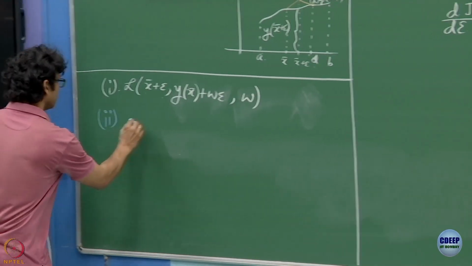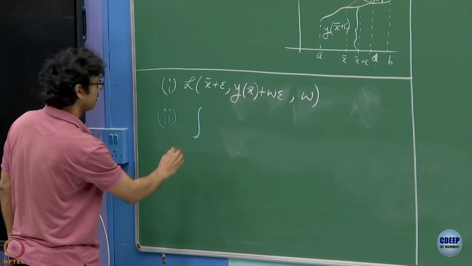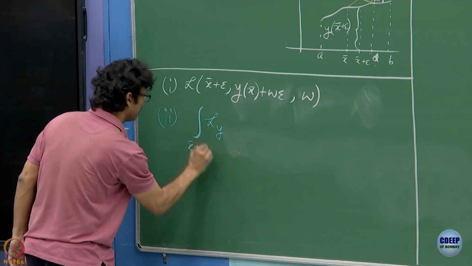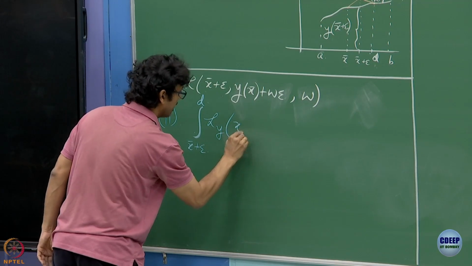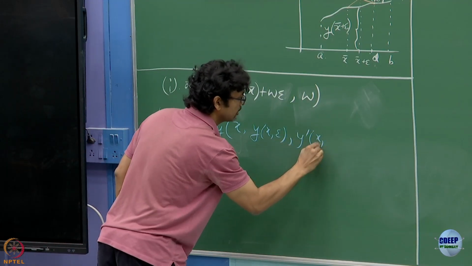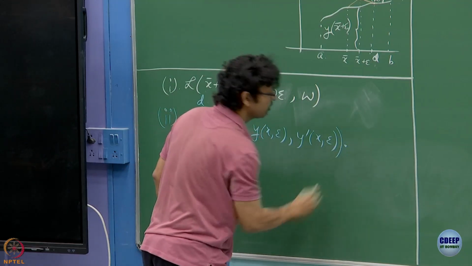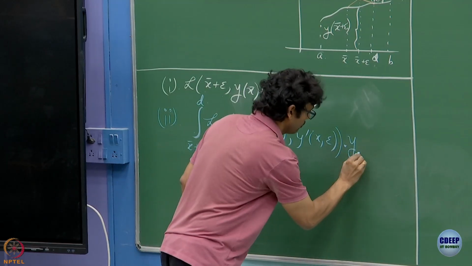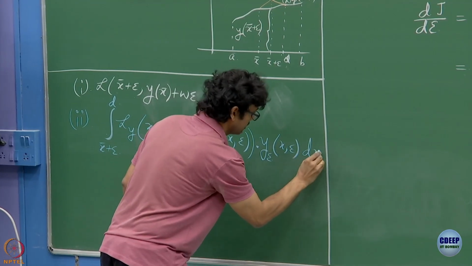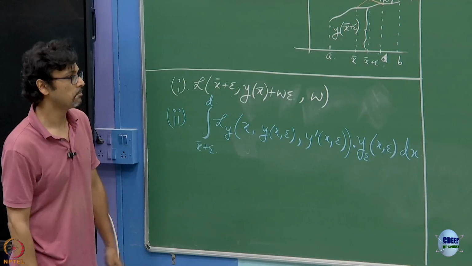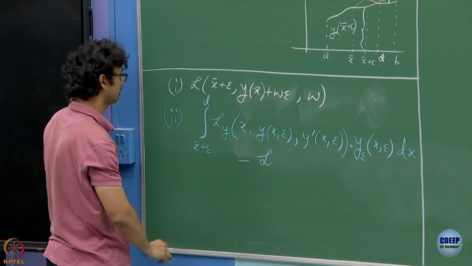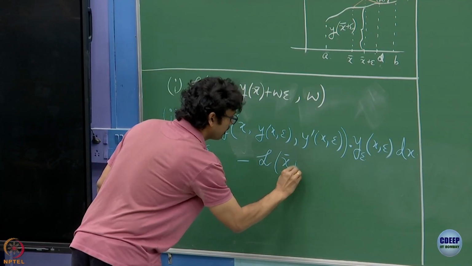So we have integration L y between x bar plus epsilon to d, x, y x comma epsilon, y prime x comma epsilon times y epsilon x comma epsilon dx, minus L x bar plus epsilon.